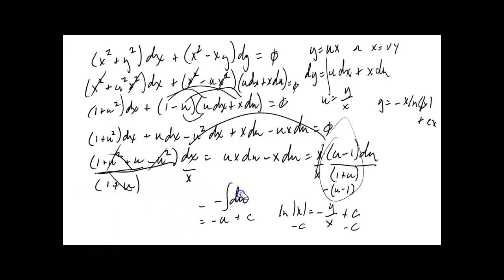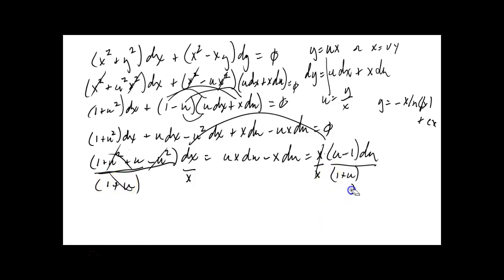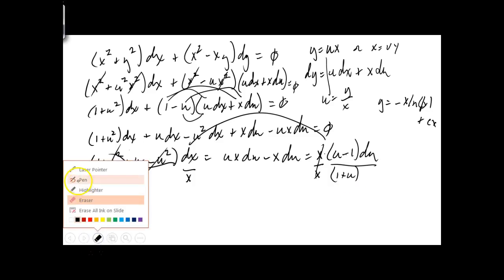I could have left that there, but let's go back. I thought that seemed suspiciously too easy. And yeah, that should have been a plus there, and that would have been a plus there. So let's get rid of that too. All right. Up to there, I'm fine.